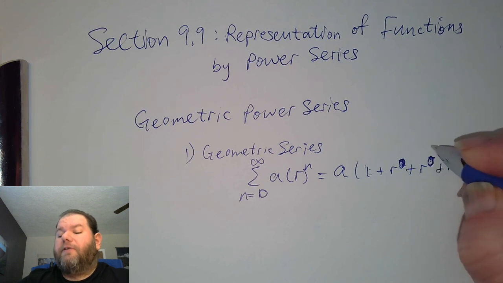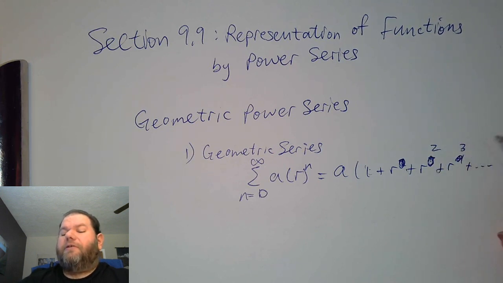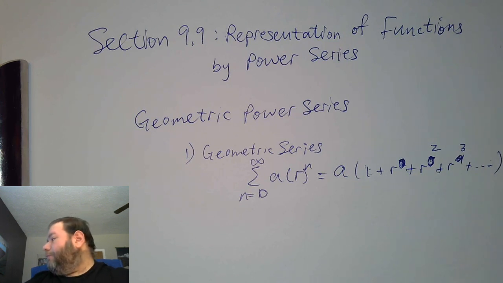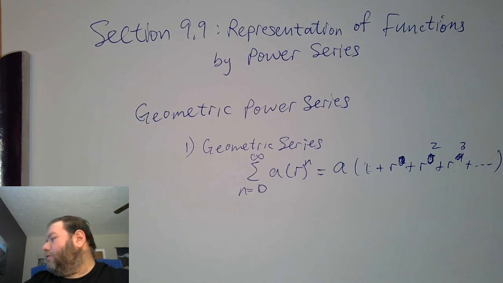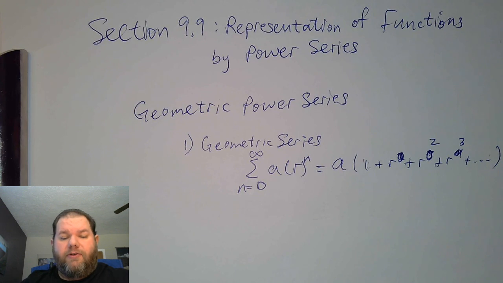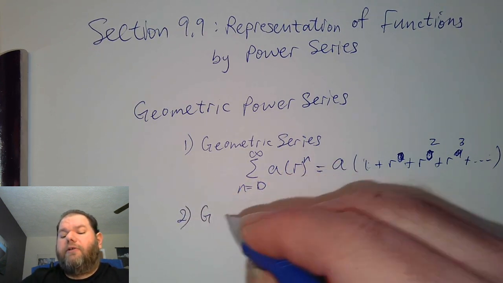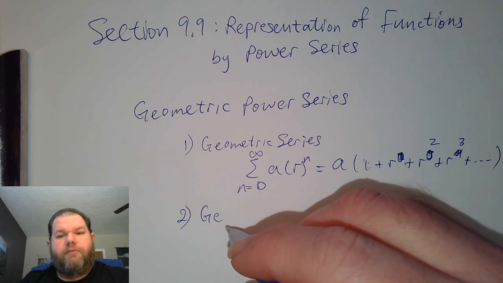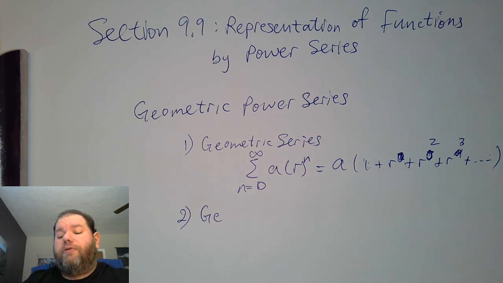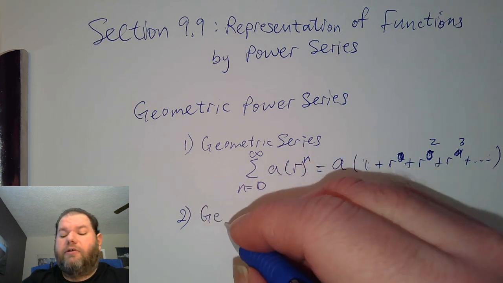R to the first, r to the second, r to the third. That's just our basic geometric series right there. But when we look at a geometric power series, instead of having the common ratio r, we use this value x in its place.